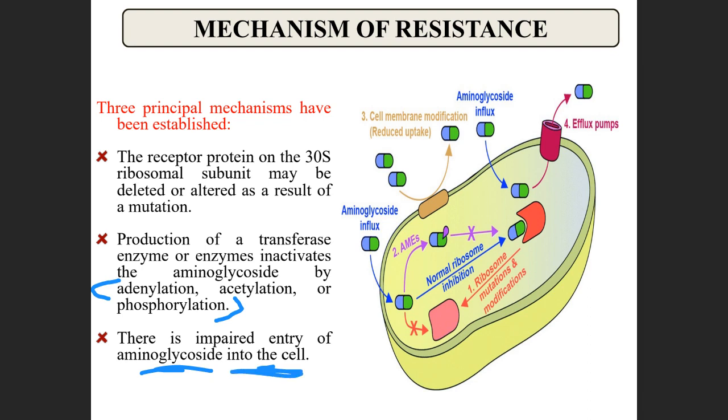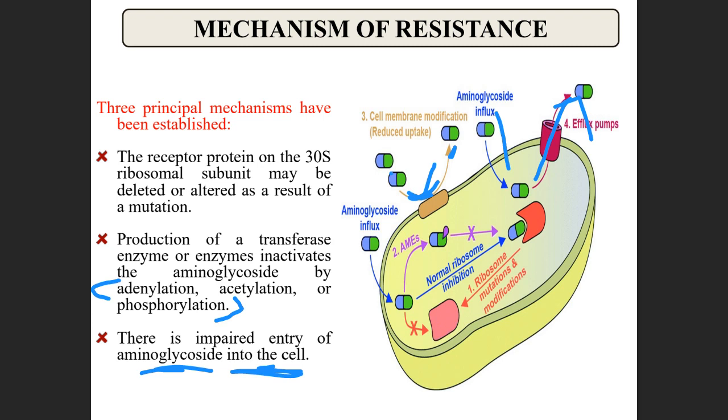So here there is a third one, where the aminoglycoside drug cannot enter inside the cell, and that is causing a blockage. And the next one is the influx of aminoglycosides: the drug is entering without showing any action, and the drug is coming out by the efflux pump mechanism, which we have already understood in the antibiotics.